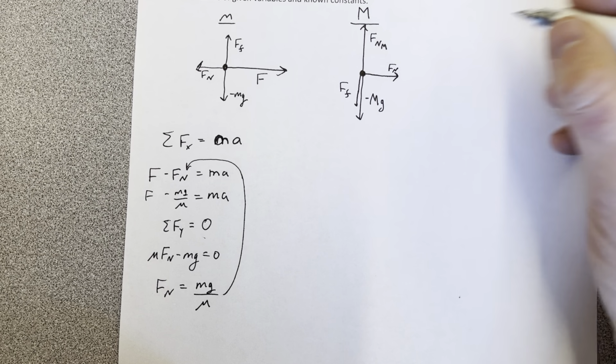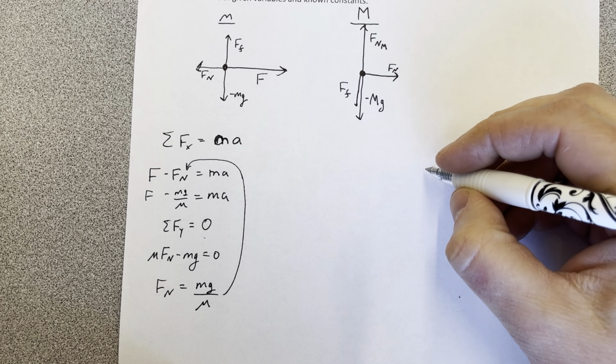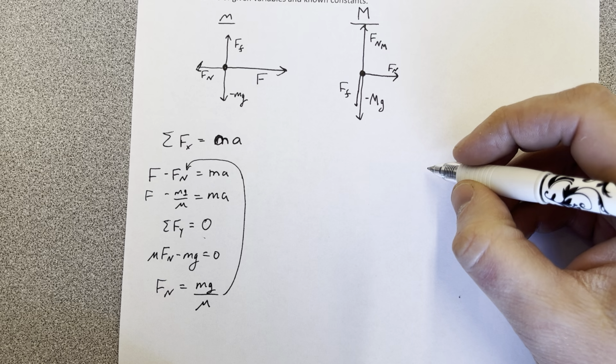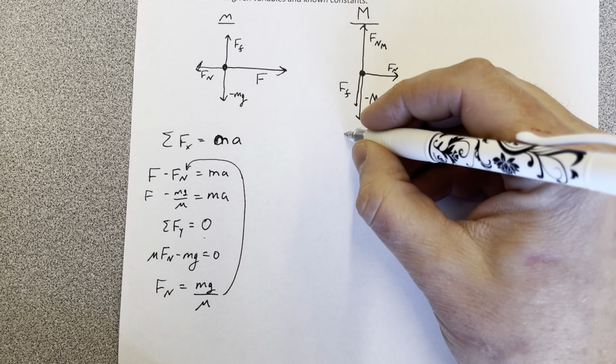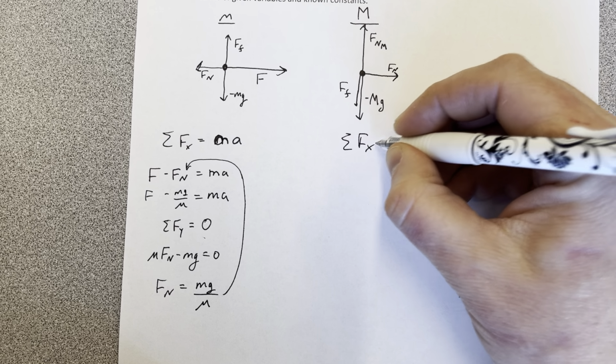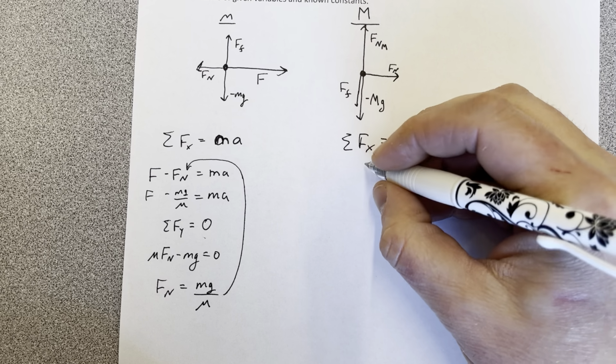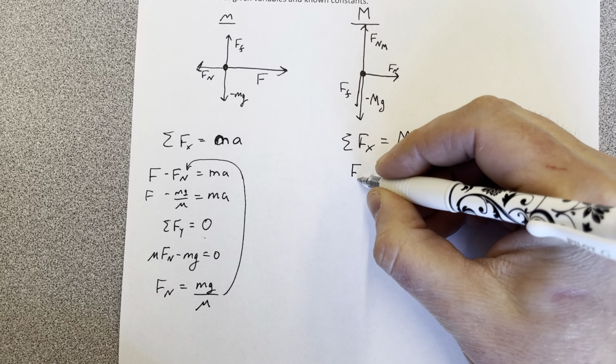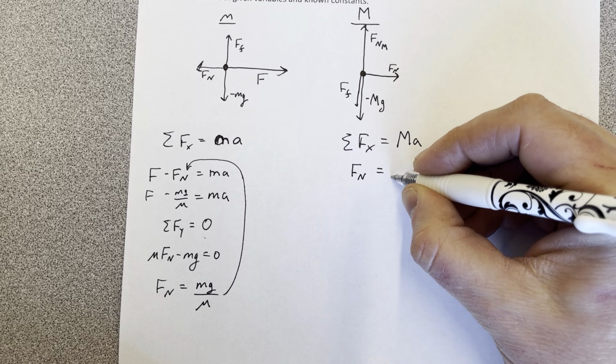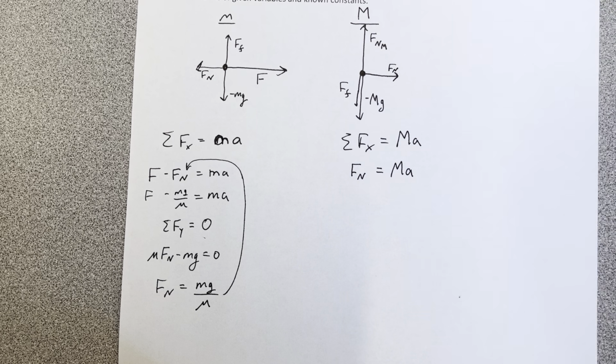Let's go look at the big M force diagram. All right, so sum of the forces in the x here has to be equal to big M times A. So that means the normal force here has to be equal to big M times A. That's the only force acting in the x direction. Oh, huh.